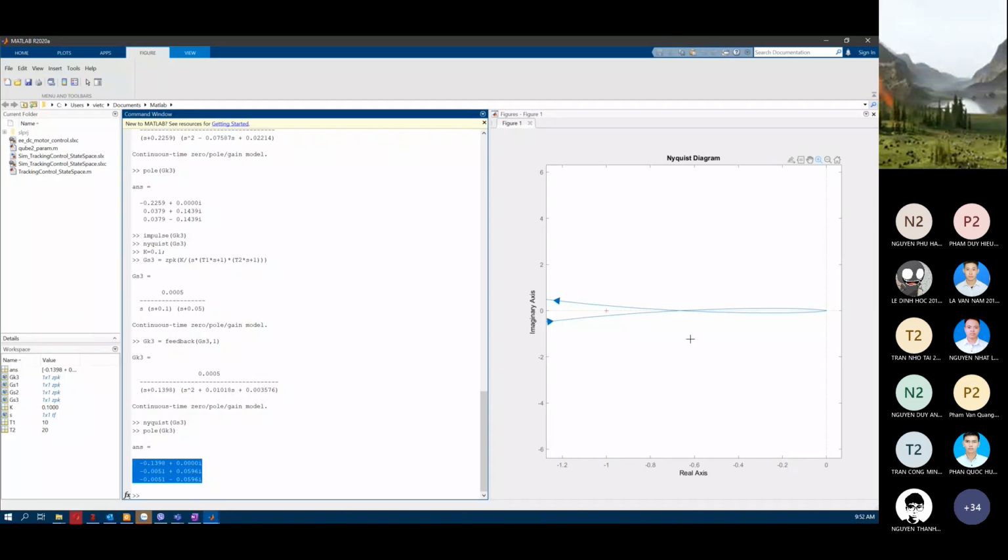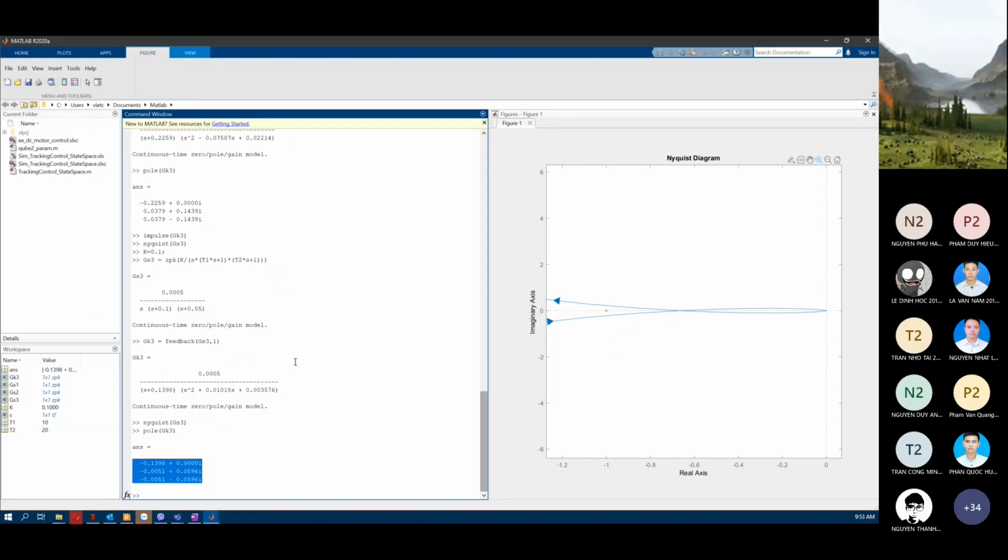With the Nyquist diagram we see here, when the frequency goes from minus infinity to plus infinity, it goes in this direction and it does not encircle the point -1. So the closed loop system is stable.